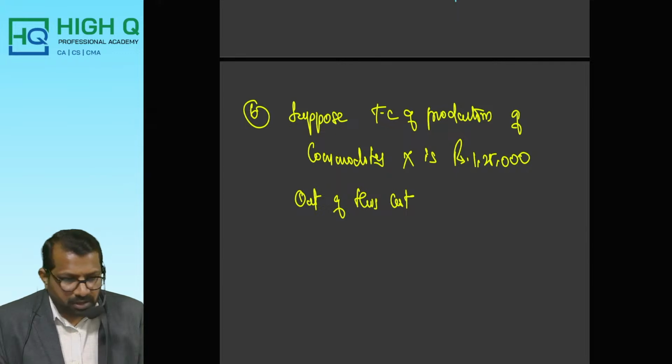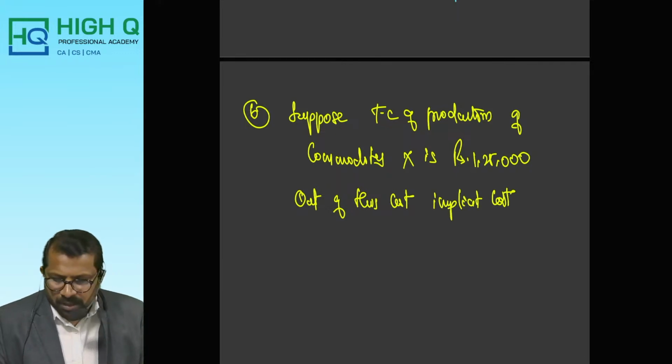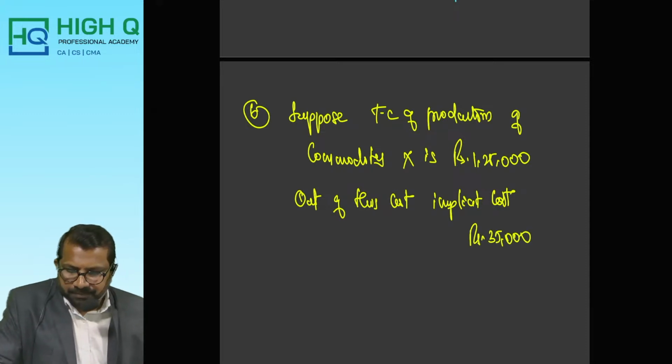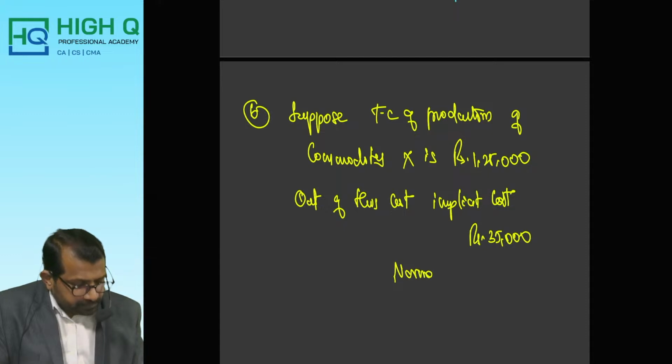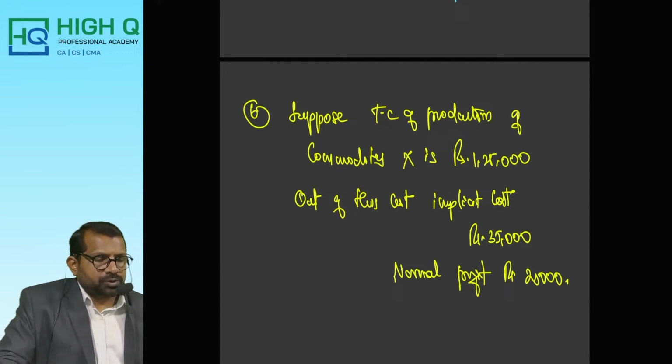Out of this cost, implicit cost is rupees 35,000, normal profit rupees 25,000.